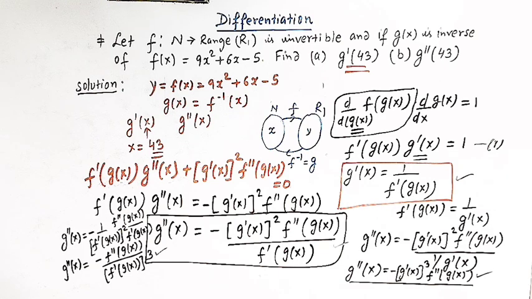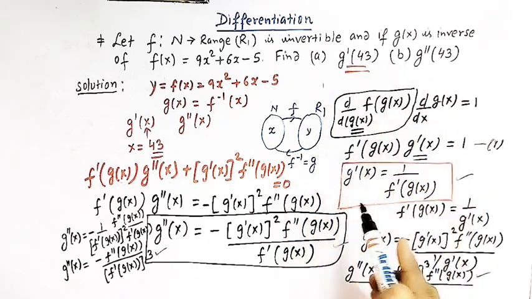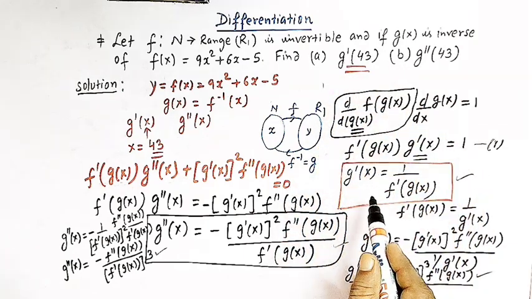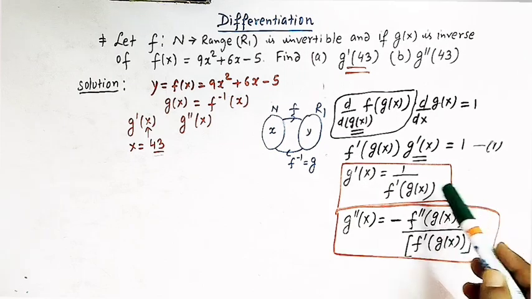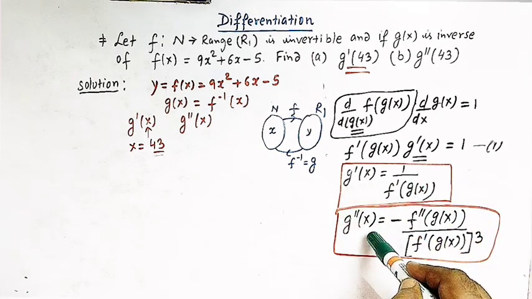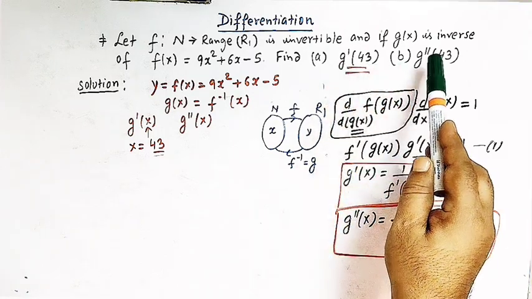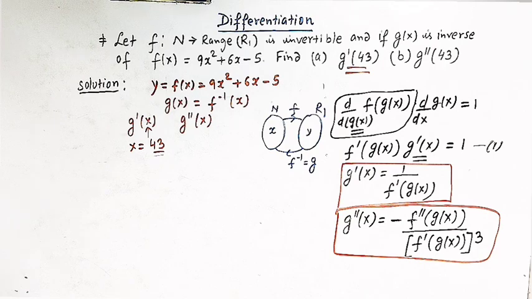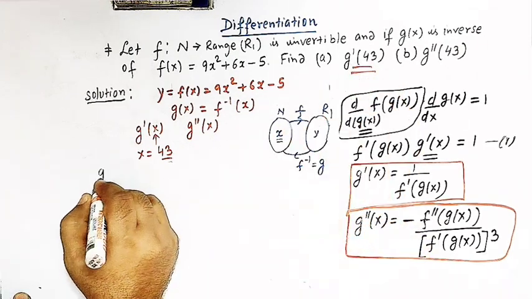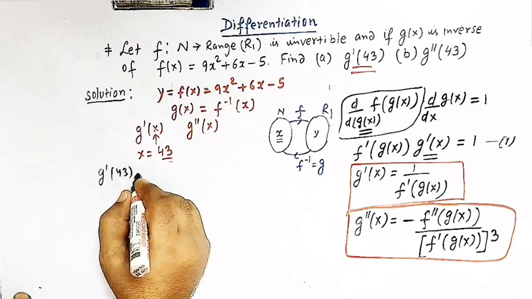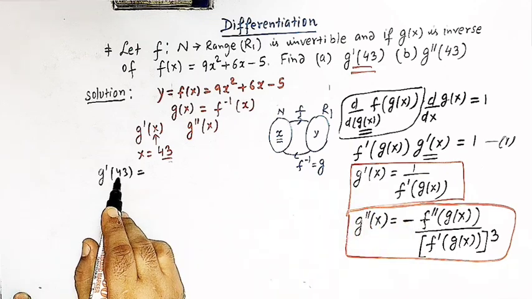Now let us find the values of these two expressions. We'll utilize these two expressions to get the value of g prime of 43 and g double prime of 43. So g prime of 43 is obtained by this expression by replacing x by 43.